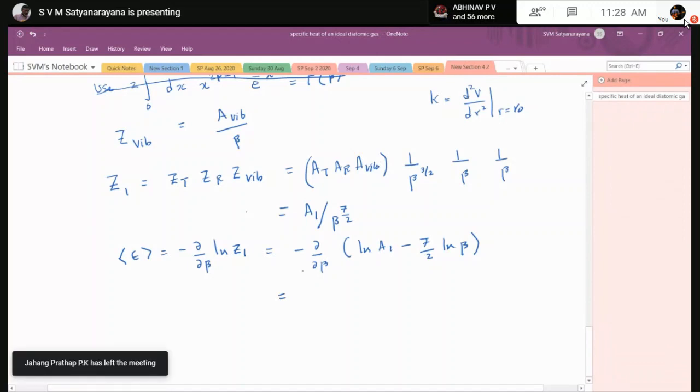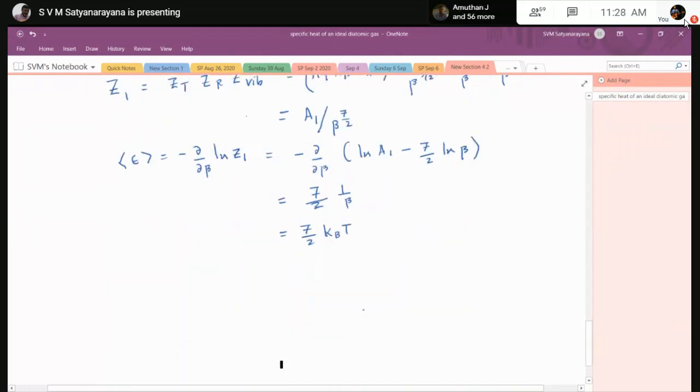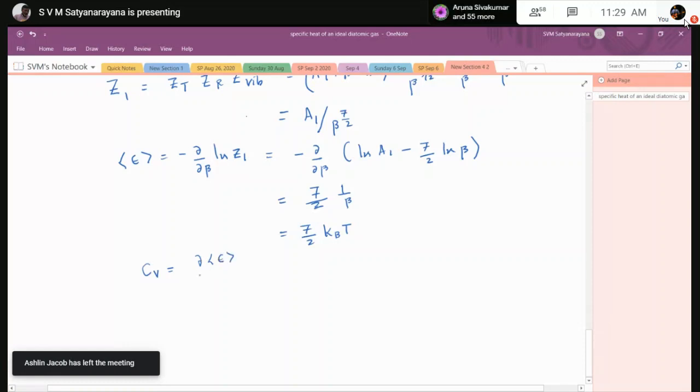And this one is 7 by 2 into 1 by beta, which is 7 by 2 kT. We are right from our estimation of the equipartition theorem. Then, of course, Cv is the derivative of this energy with respect to temperature, which gives you the specific heat per particle to be 7 by 2 k.